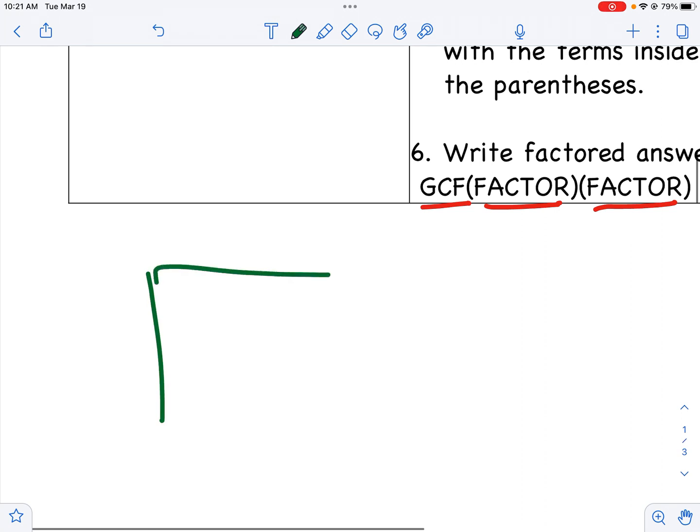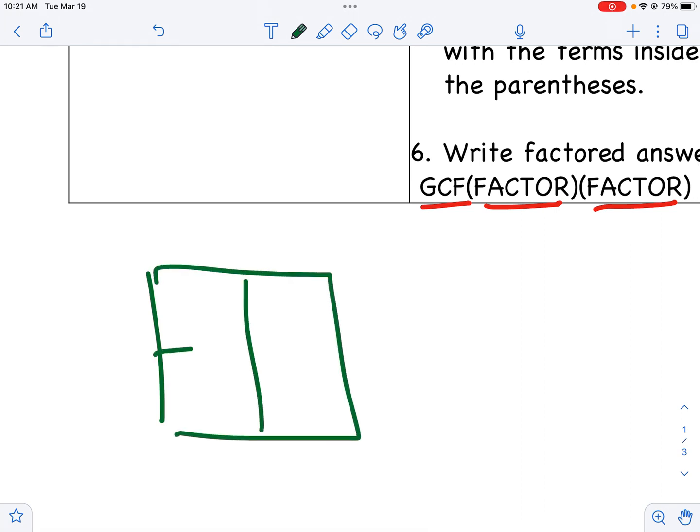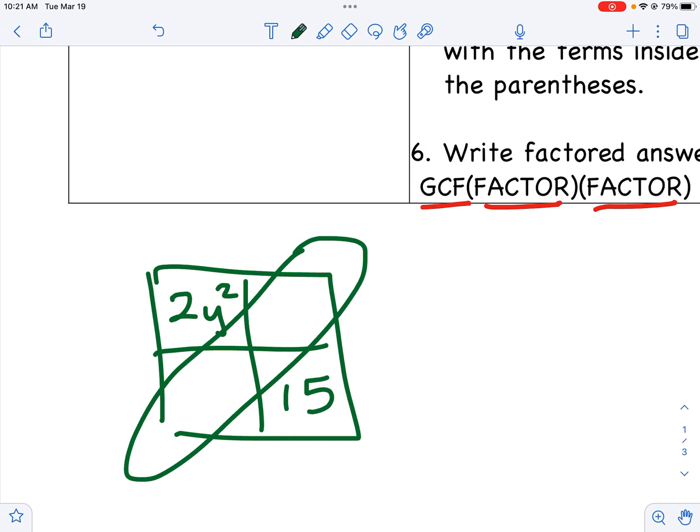So in the box method, we know that we had 2y squared and that this was 15, and that these two together have to add up to the 13y. So I'm going to put 10y here and 3y here. Remember, that's the part we found from our chart.